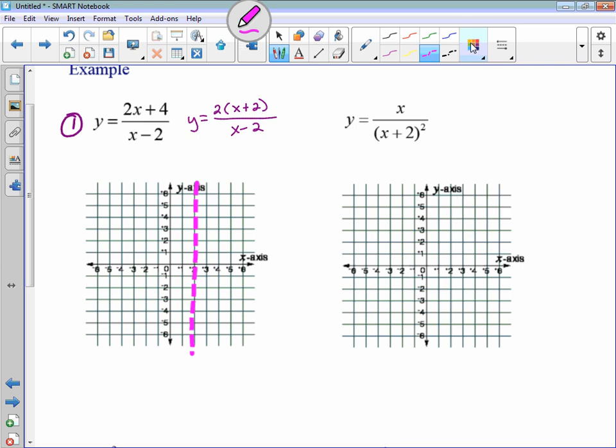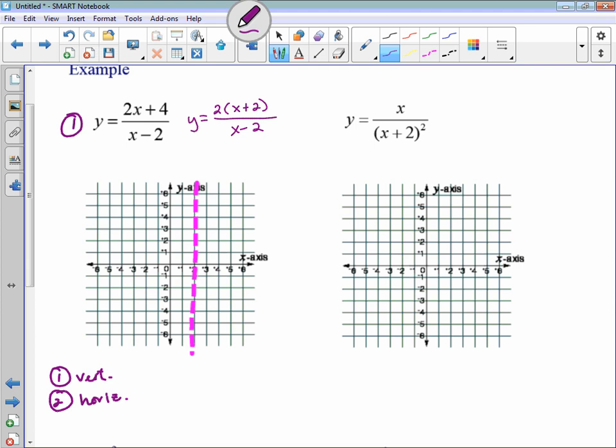All right, then we're going to think about our horizontal asymptote. Our first step was the vertical asymptote. Second step, we're going to do horizontal. This is what I was talking about with top heavy, bottom heavy, equal. We're talking about the degree. The degree of my numerator here would be 1, the highest exponent. It's not written, but it's a 1.